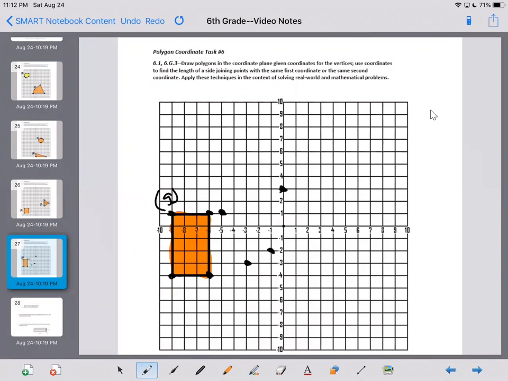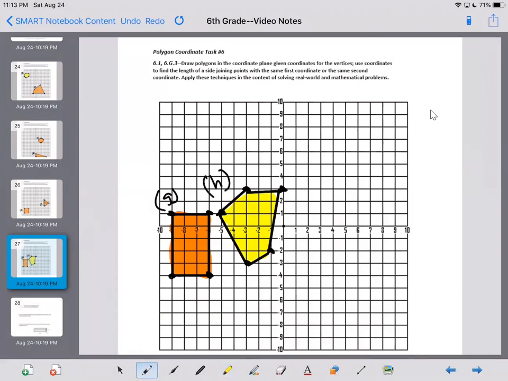Next to the left 3 up 3, and then back to the left 5 up 1. So we have a 5-sided figure. So we've got that pentagon that's not regular. Regular just means that all the sides would be the same. And so that would be figure H.